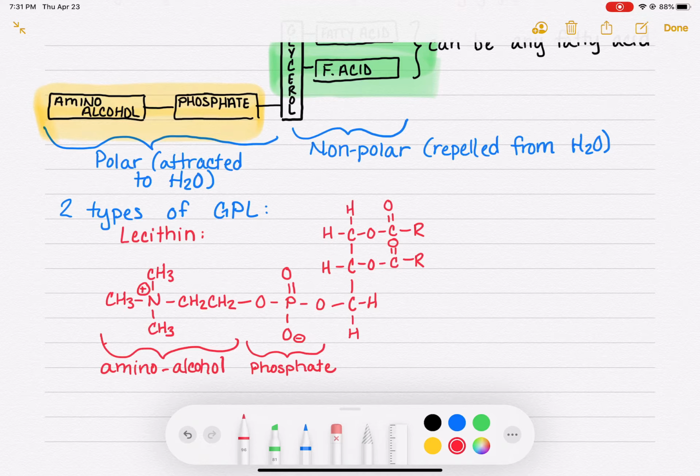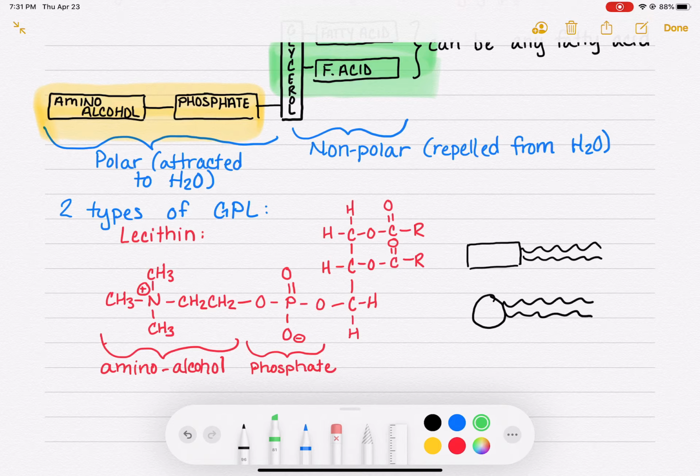So when we're making a cartoon representation of lecithin, sometimes you could see it represented as a rectangle that has a couple of squiggly lines coming off of it. Sometimes you might see it as a circle that has 2 squiggly lines coming off of it. And when you see that type of notation, the squiggly lines, which I'm going to highlight in green, are representing the fatty acid tails on the molecule.